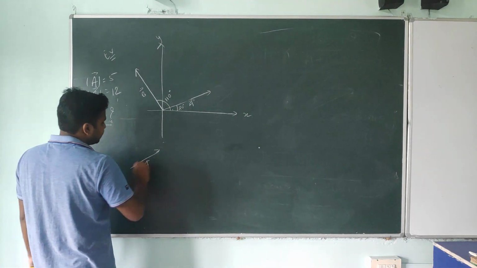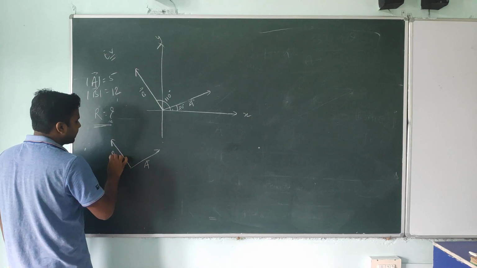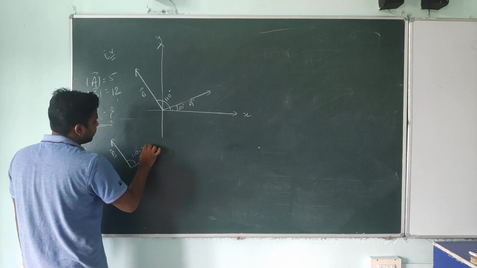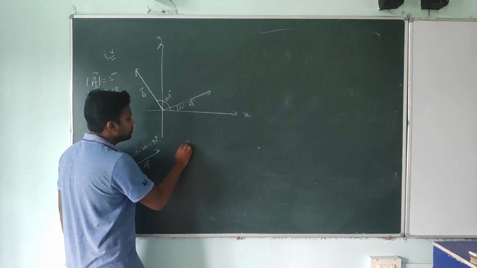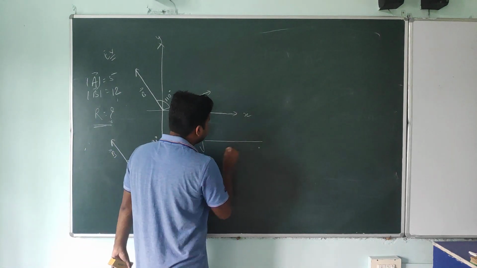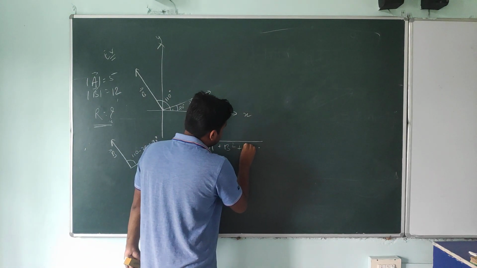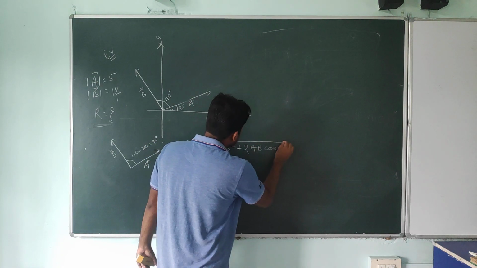So look at this, this one is A and this one is the B vector. The angle between these two is 110 minus 20, it's 90 degrees. Now which formula do you use for finding the resultant? R equals root under A squared plus B squared plus 2AB cos theta.